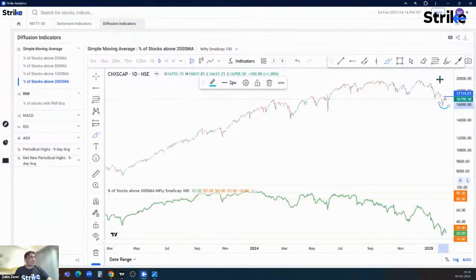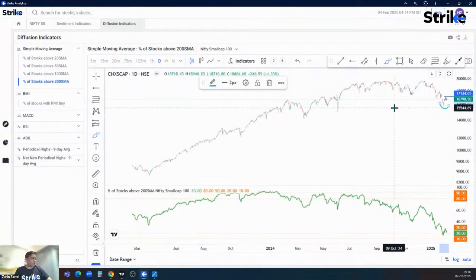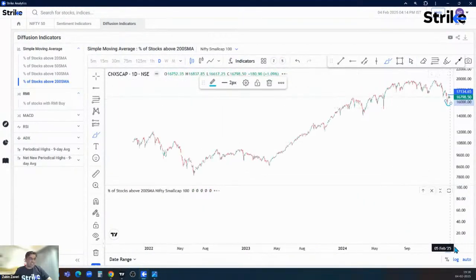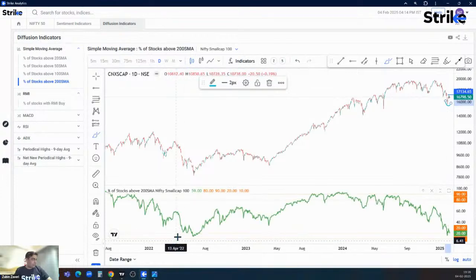The small cap index is somewhere near the bottom for the long term. Last time it gave an oversold reading was over here in May June 2022, where a fantastic bottom in the small cap 100 index was made, and this bottom has been made once again.